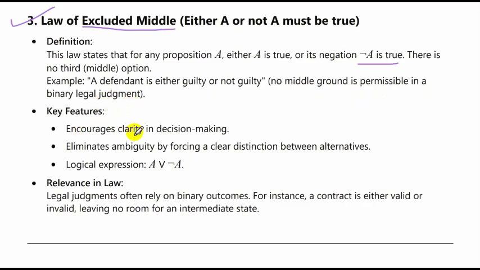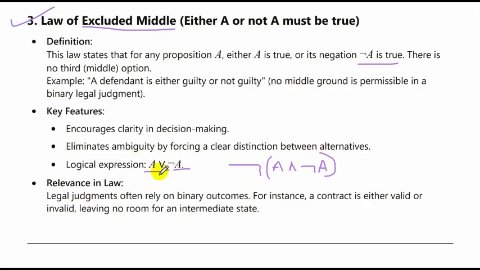Key features: it encourages clarity in decision making and eliminates ambiguity by forcing a clear distinction between alternatives. The logical expression is A or not A. In the previous one we used A and not A, which is false. Basically it has to be negated. A and not A cannot be true together.